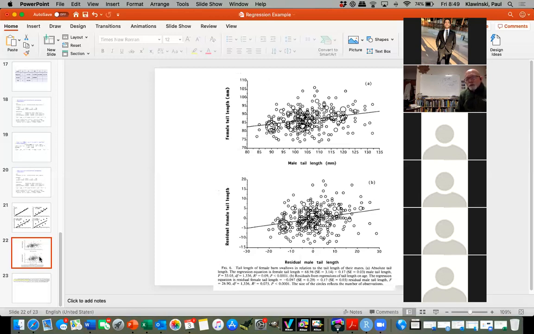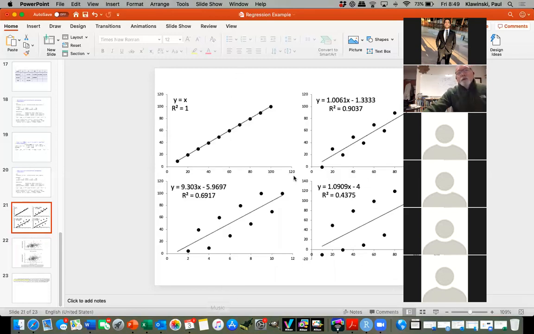So my definition for R-square is, to what degree does variation in the X variable inform you about variation in the Y variable? In this case right here, knowing about variation in X tells you everything about variation in Y. Down in the lower right-hand corner, knowing something about the X variable doesn't tell you much at all about the Y variable.